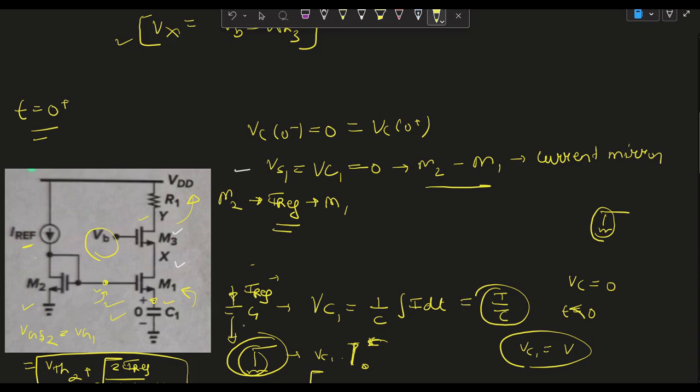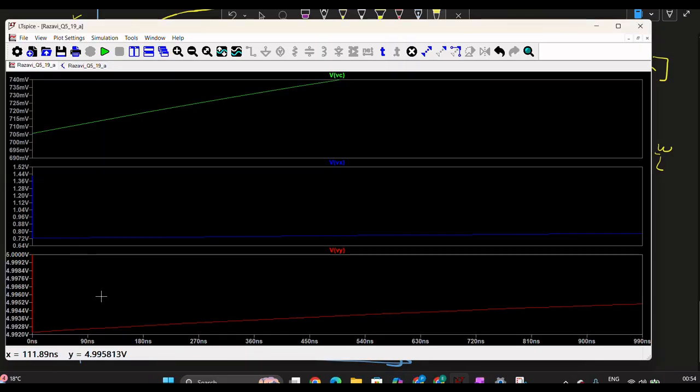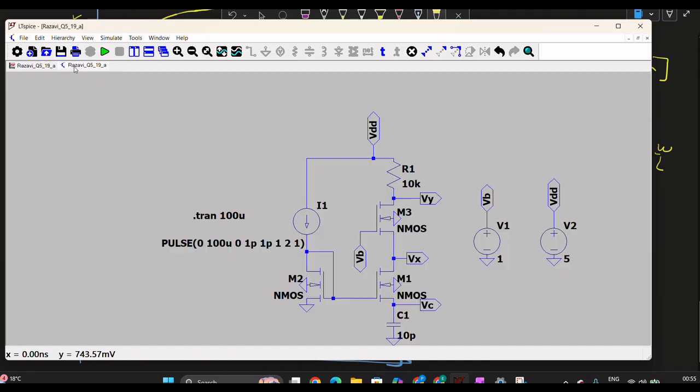I said earlier 0 volt, but it will not decrease to zero. It will decrease to some voltage and then rise again. As we can see in the simulation, it drops by 0.008, like this is 4.992 volt. This drop is very small, as this is by the parameters we set: this is 100 microampere current, not much, and this resistance is 10 kilo ohm.